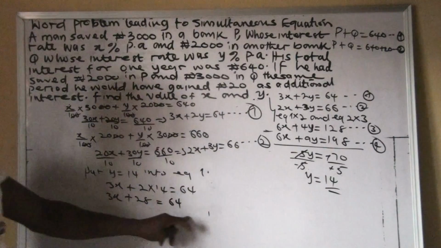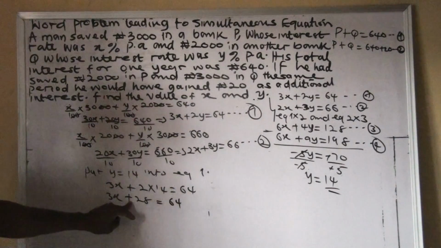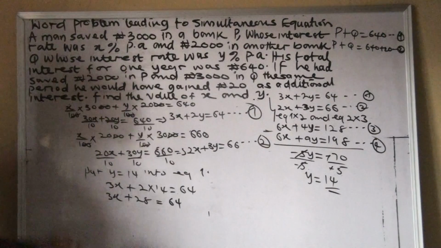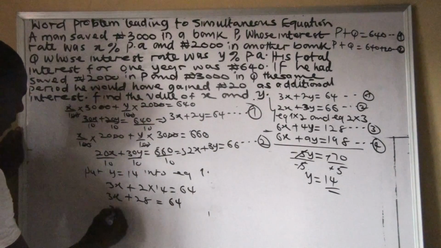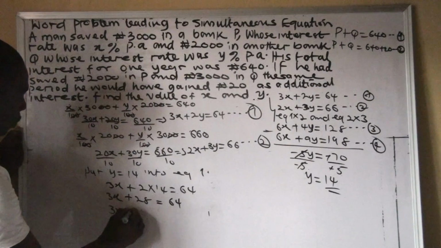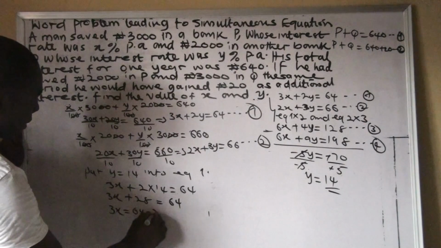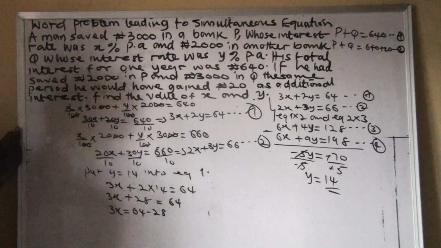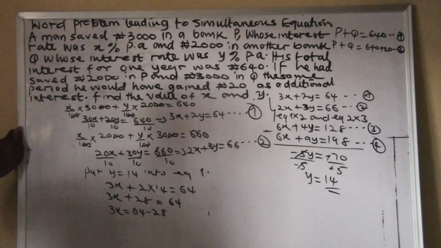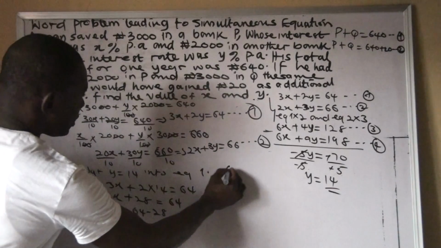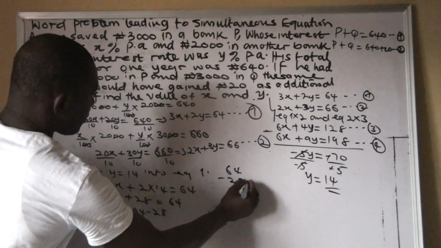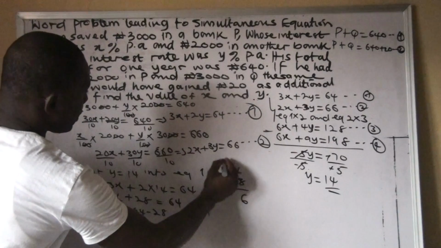So the next thing is to collect like terms here. This is plus 28. As it crosses to the other side of the equation, it becomes minus. So here we have 3x is equal to 64 minus 28, and 64 minus 28 gives us 36.